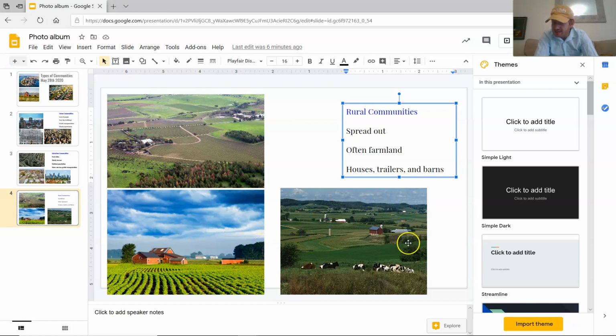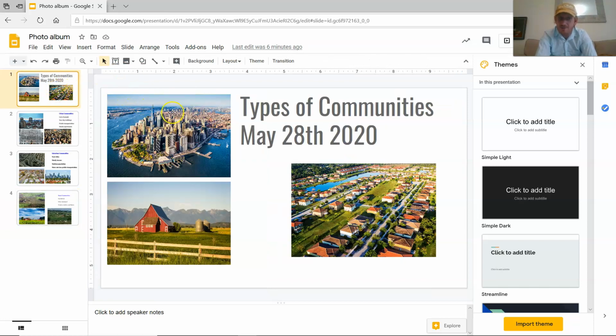All of this land, the entire picture, is from one house because it's a farm. They have things that they're growing, and they have cows. So those are the three main types of communities. We have cities or urban communities, we have the suburbs, and we have rural communities.